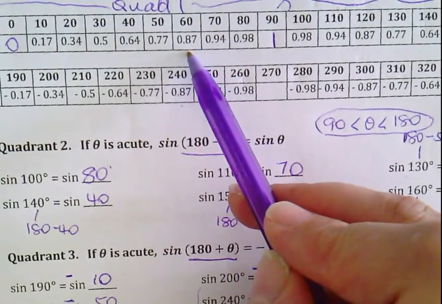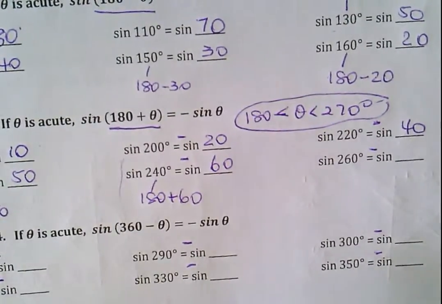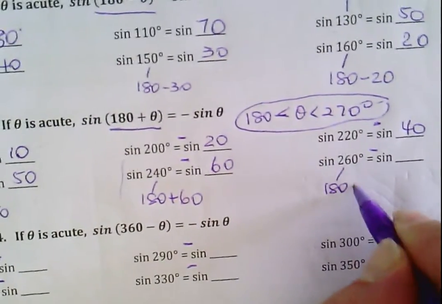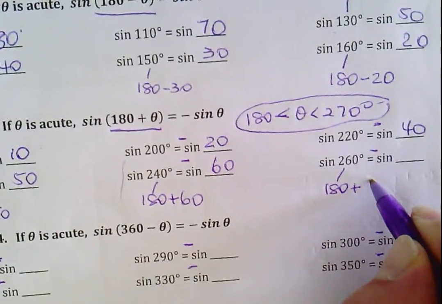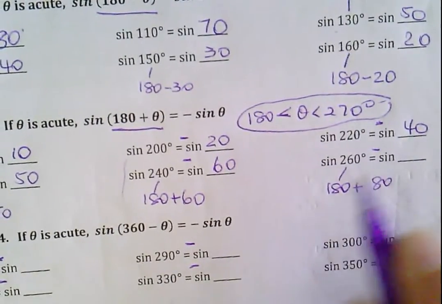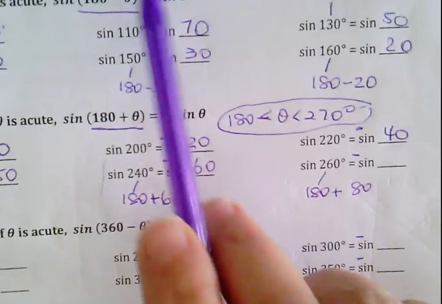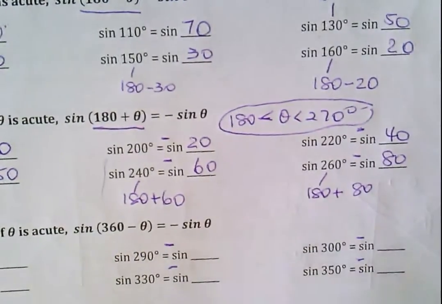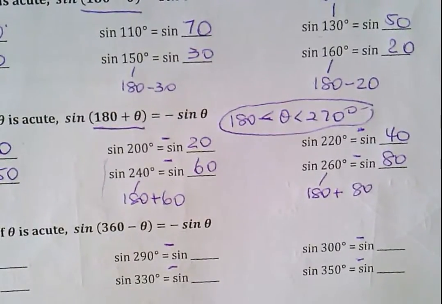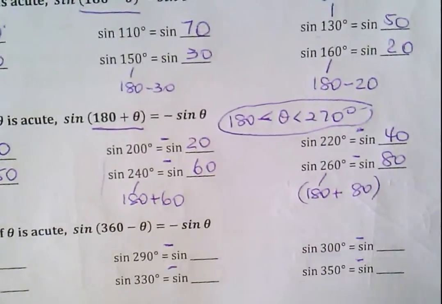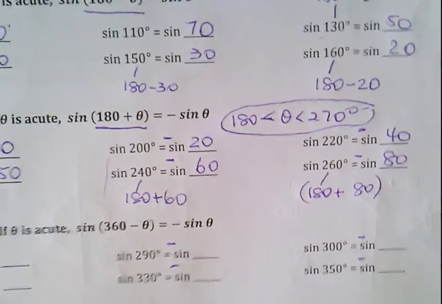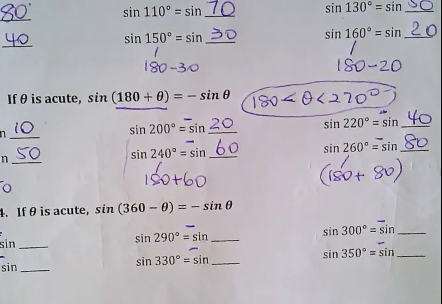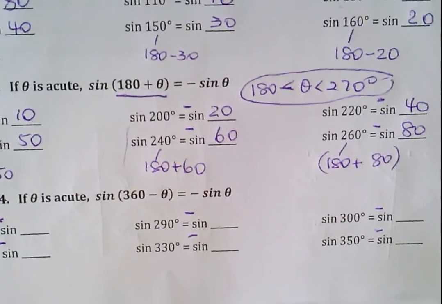All right, and the last one, 260, is 180 plus what? Plus 80. So therefore, sine of 260, if you look in your table, isn't it the same as negative sine 80? Can you see that in the table? Now, give me a minute. I just want you observing at the moment, girls, just observing.